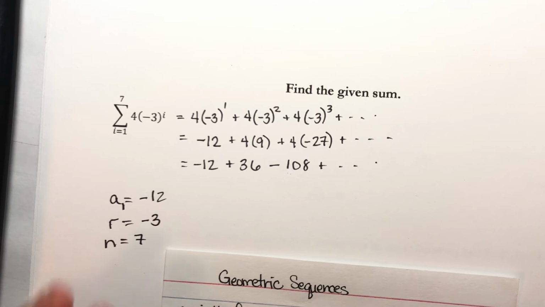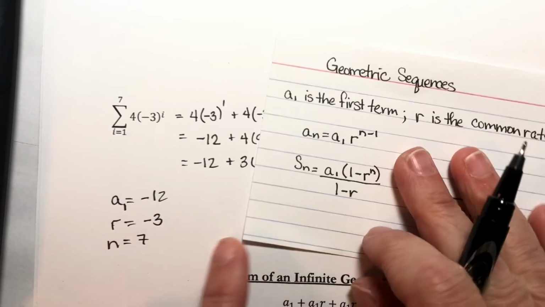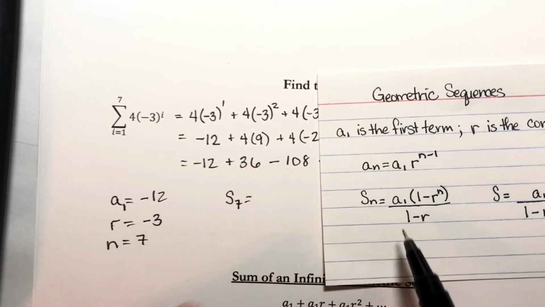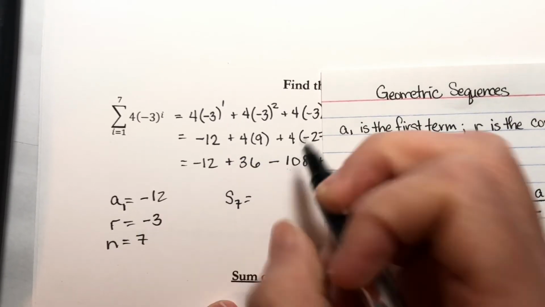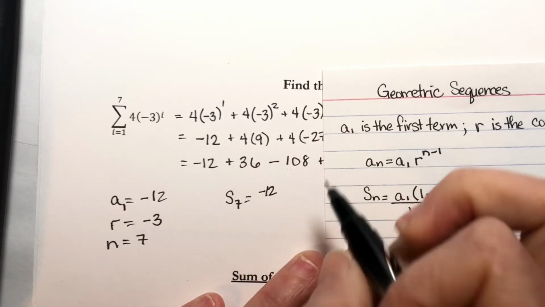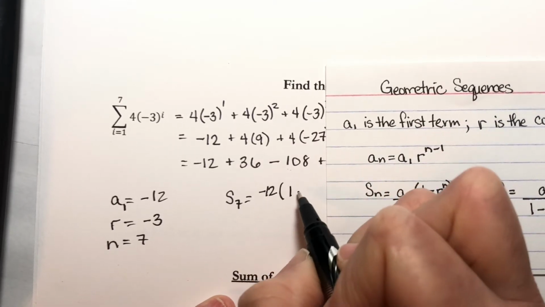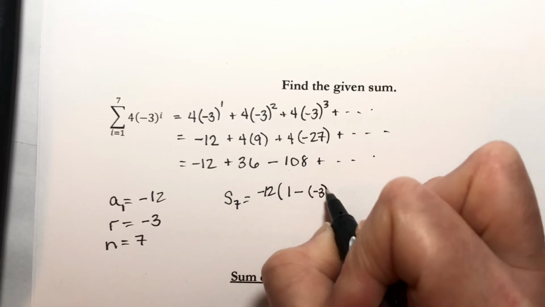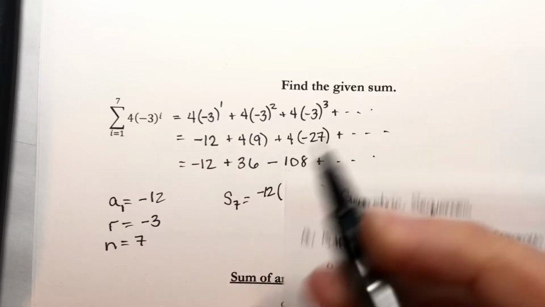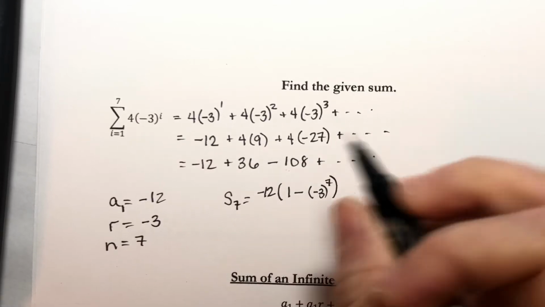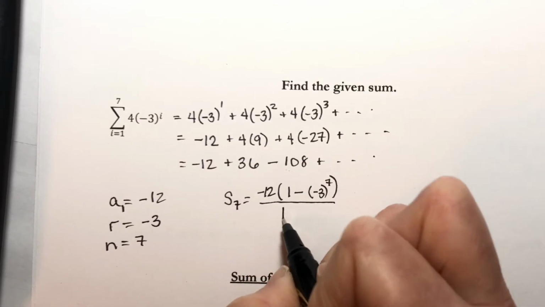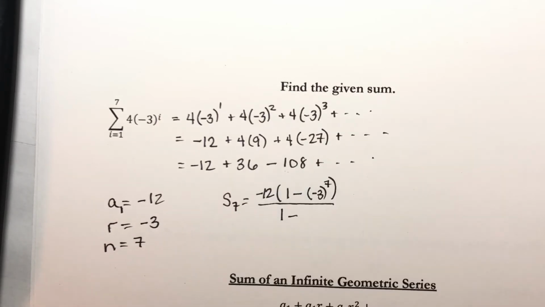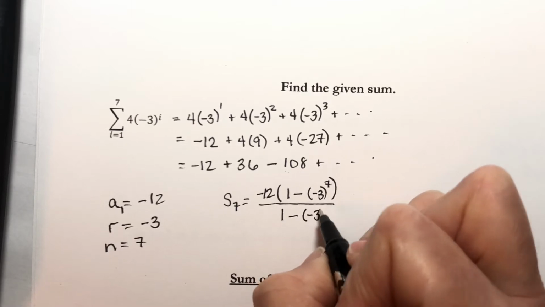Okay, so let's use the formula. S sub n, so S sub 7, is equal to the A1 value, which is negative 12, times 1 minus R, which is negative 3, raised to the nth power, and n is 7, over 1 minus r. So 1 minus a negative 3.